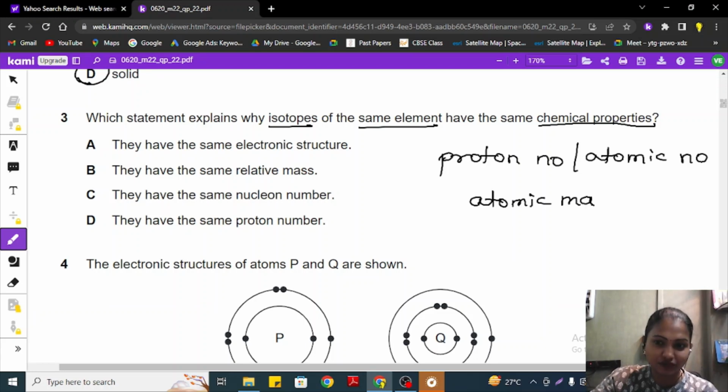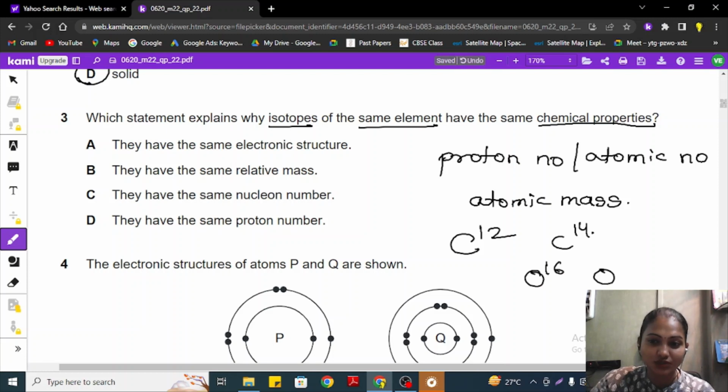The mass is different. For example, carbon has two isotopes, carbon 12 and carbon 14. Oxygen has two isotopes, oxygen 16 and oxygen 18.